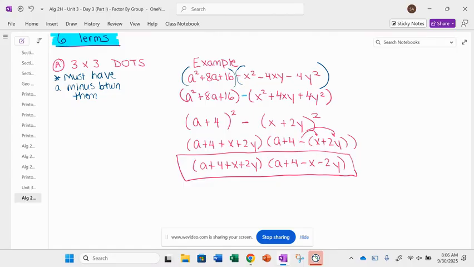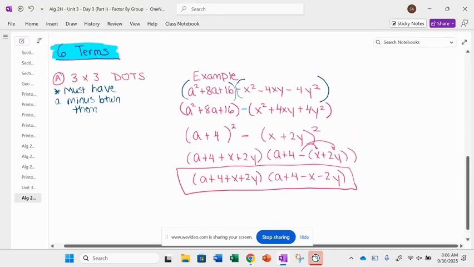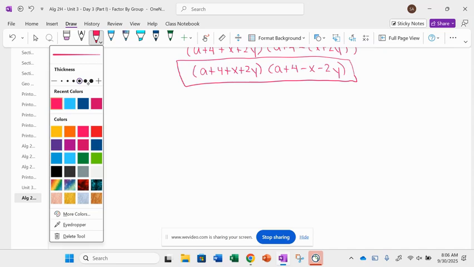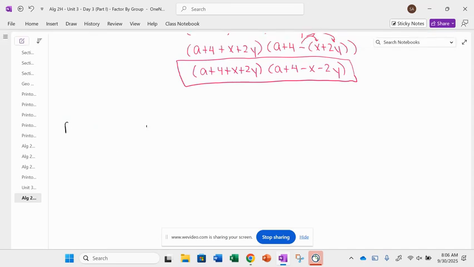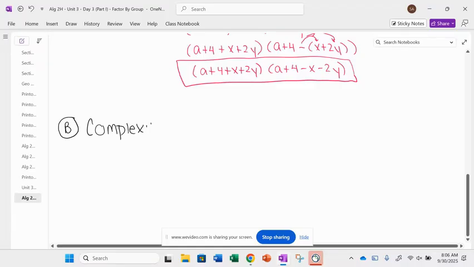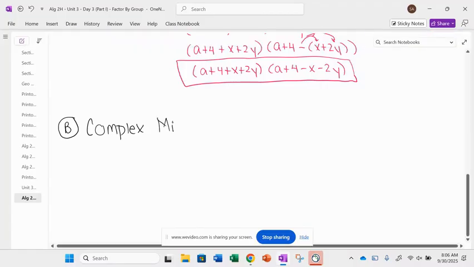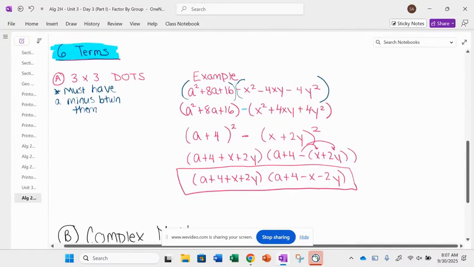Okay. We ready? All right. This will be the worst one. So this is going to be called the complex middle. Again, it's for 6 terms, so it's still under the category of 6 terms.